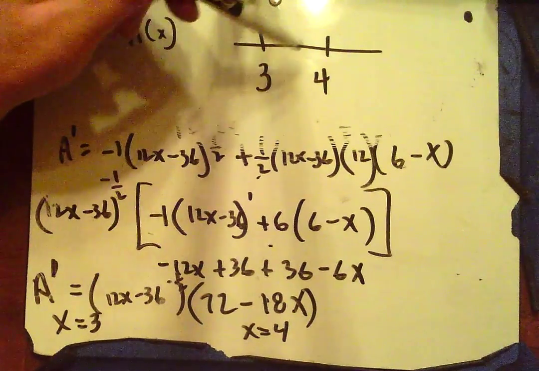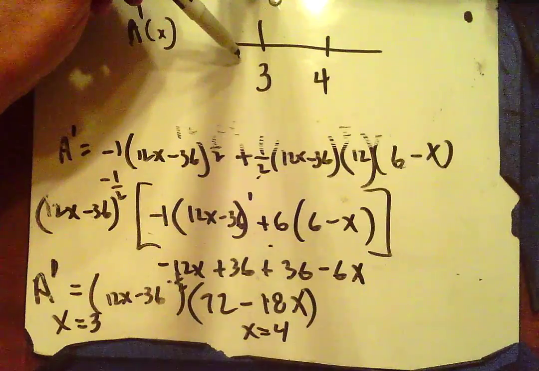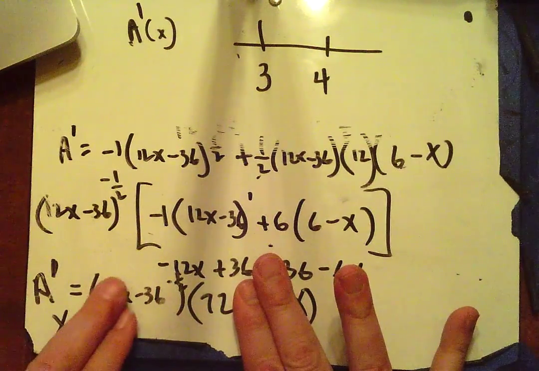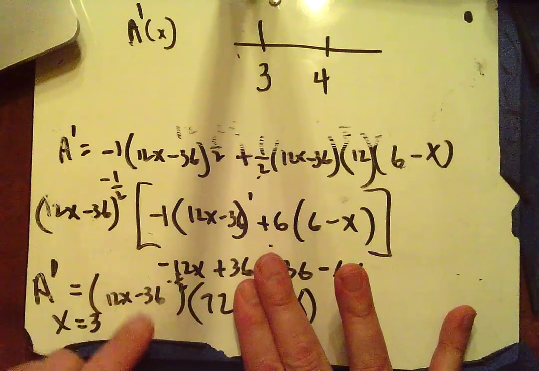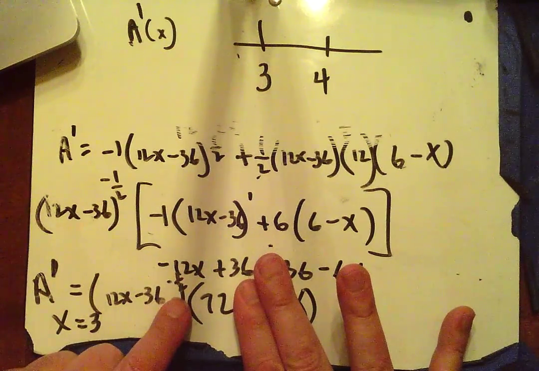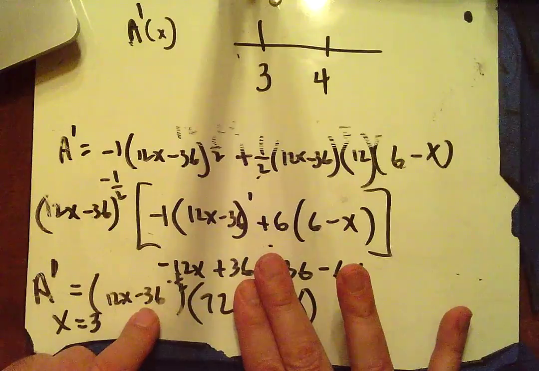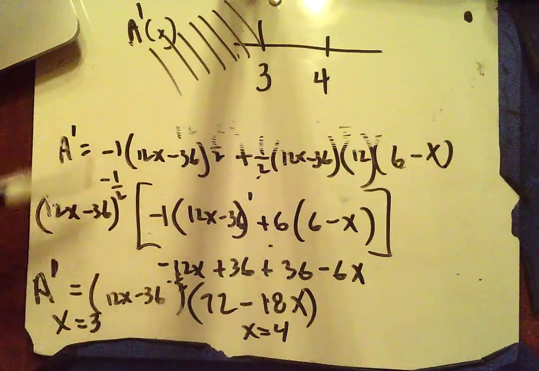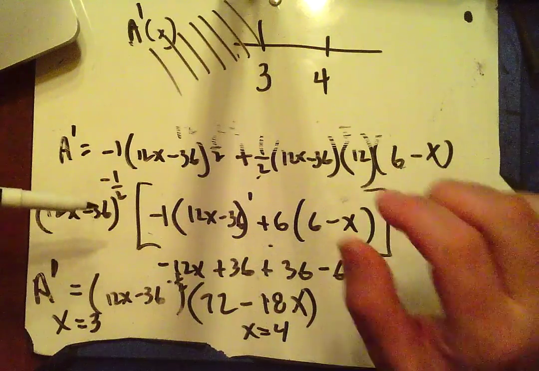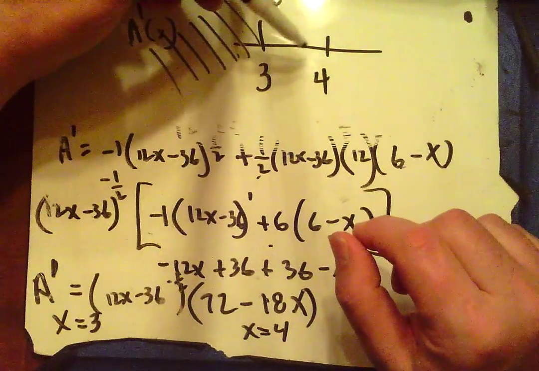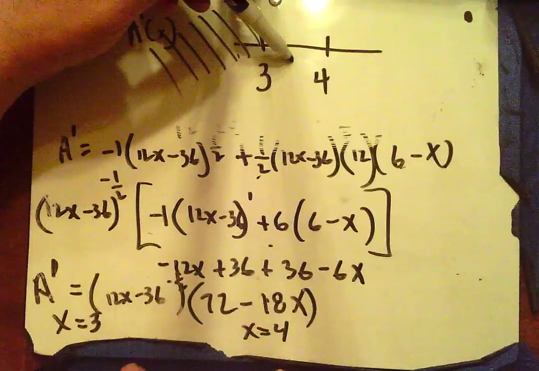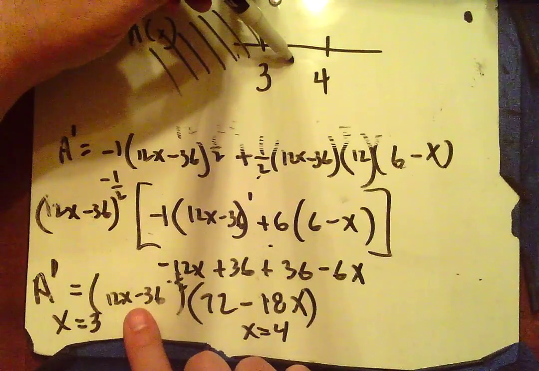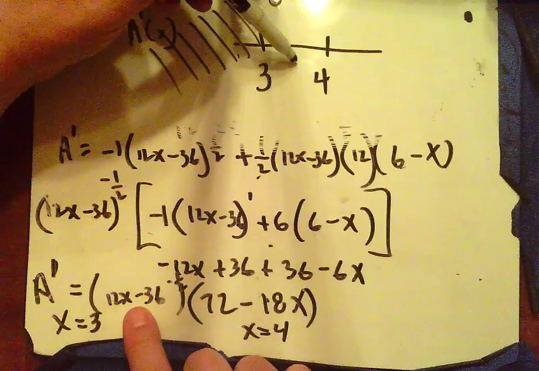So if I try a number to the left of 3 in A prime, like 0, that goes away, and that goes away. Wait, look at that. I got 1 over the square root of negative 36. Yeah, we don't exist over here. There's nothing over there. Well, that helps me understand this a little better. And then what about 3.5? Well, I know the denominator is going to have to be positive.